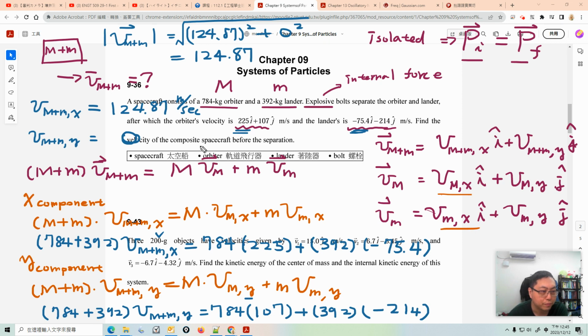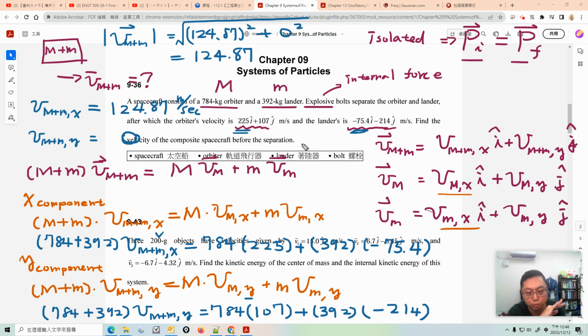Okay, so we found the velocity of the spacecraft before separation, and we also calculated its components, right? So this is a very typical problem for momentum conservation. You have to be careful. You have to do the momentum conservation in the x direction and the y direction.